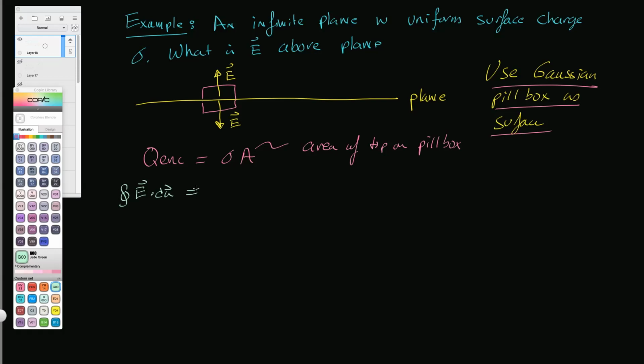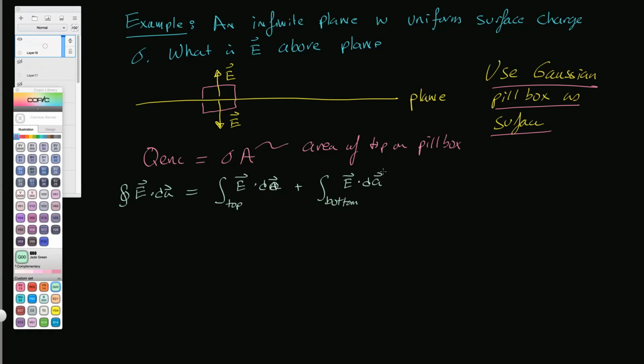But on the sides of the pillbox, dA points outward and E dot dA will be 0. So it's only the top and the bottom of the pillbox that I have to integrate over. So this is the top, integral E dot dA, plus the integral of the bottom E dot dA.